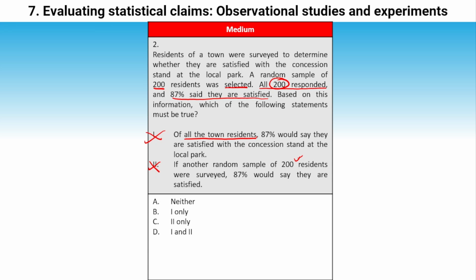Basically, because they are surveying the residents of a town, you have to take the sample as large as possible. They are just repeating the same survey with another sample, and that will not ensure that it will again be 80%. So the answer is neither.